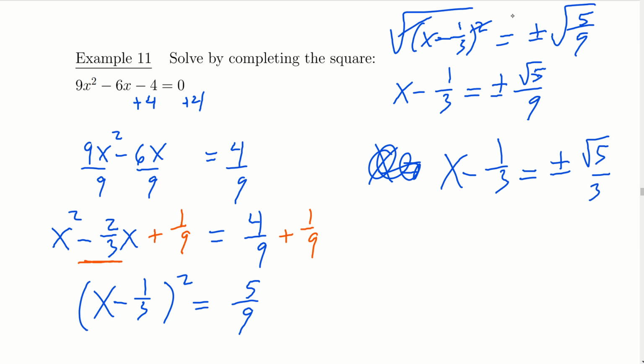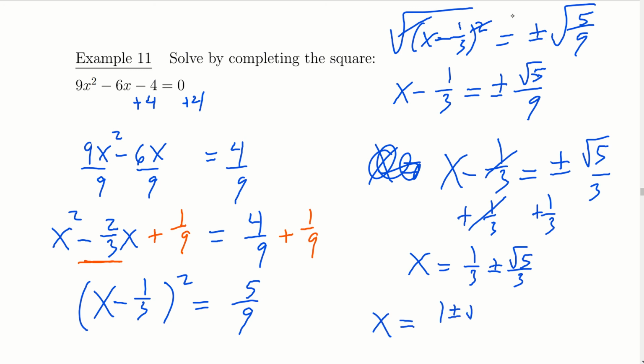And now to get the x by itself, we're going to add 1/3 to both sides. The 1/3s cancel. We get x equals 1/3 plus or minus the square root of 5 over 3. We already have a common denominator, so we can combine it into a single fraction if we like: 1 plus or minus the square root of 5, all divided by 3.